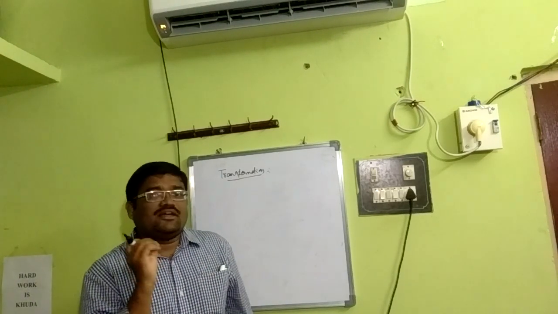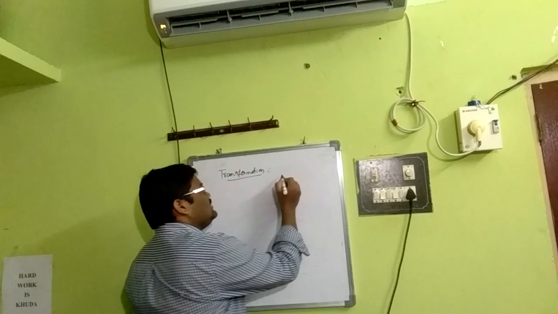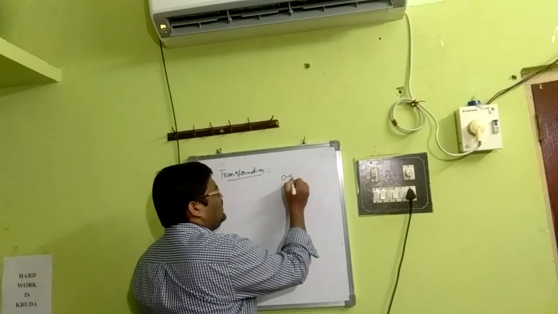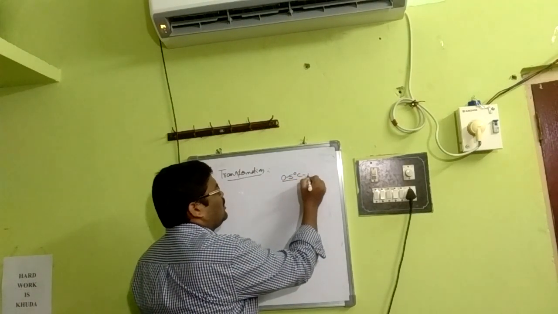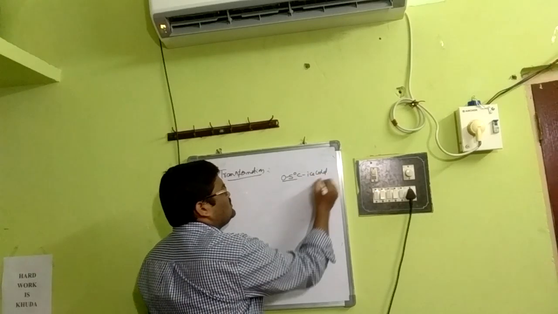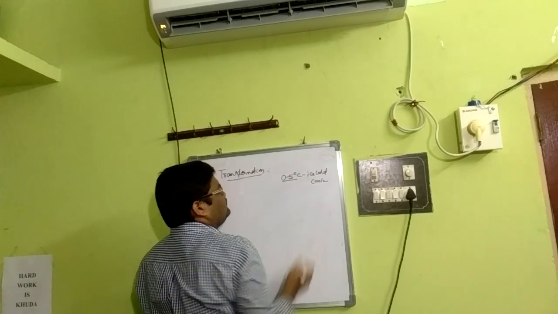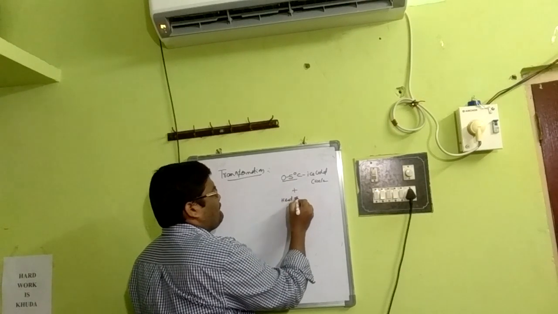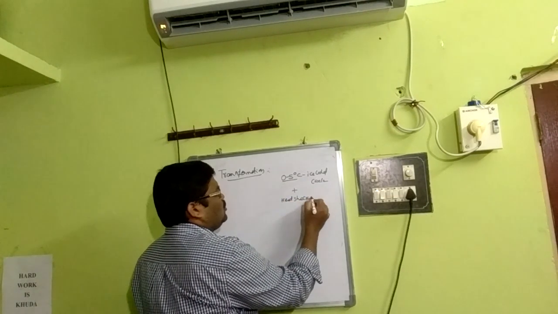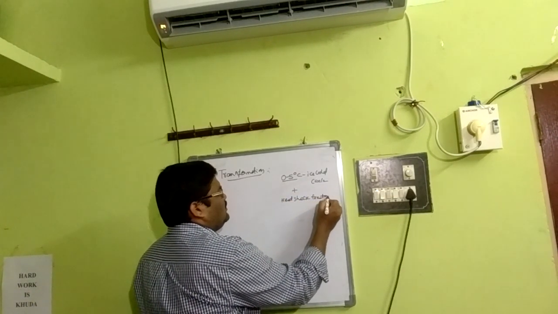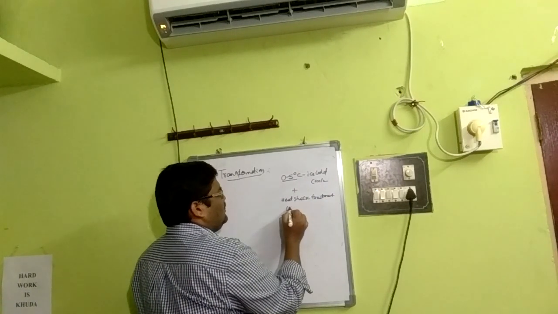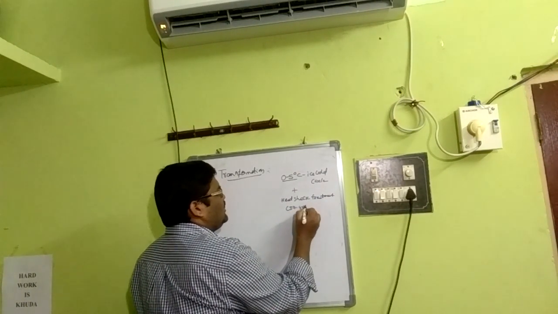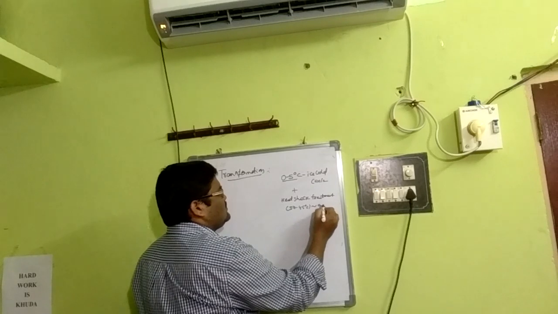There are specific requirements, say for instance, 0 to 5 degrees centigrade, that means ice cold CaCl2 treatment plus heat shock treatment, that means 37 to 45 degrees centigrade for about 90 seconds.